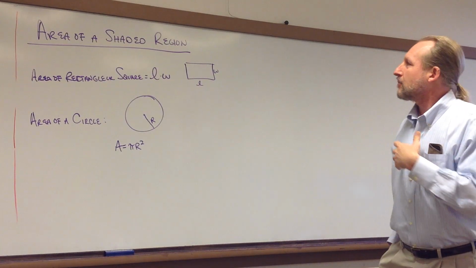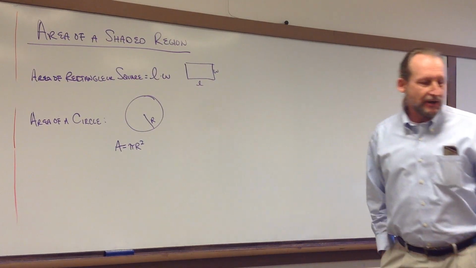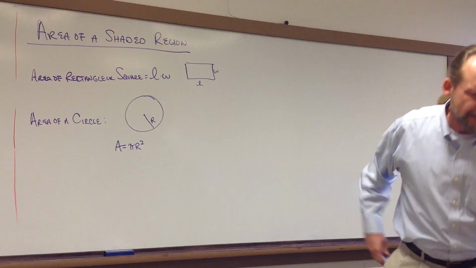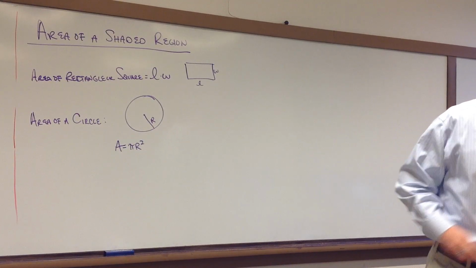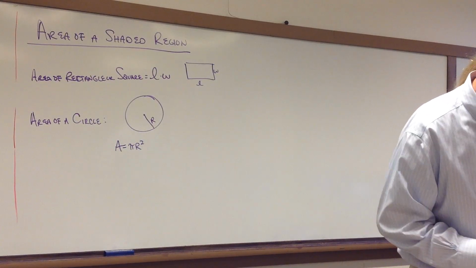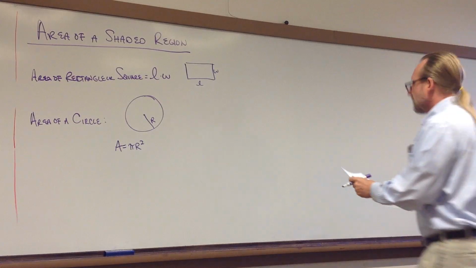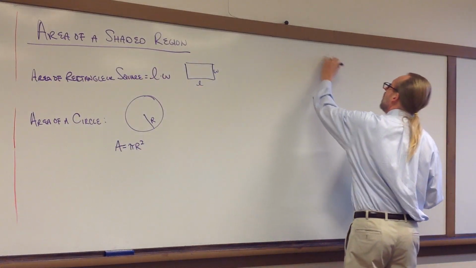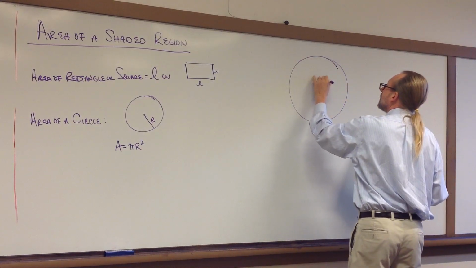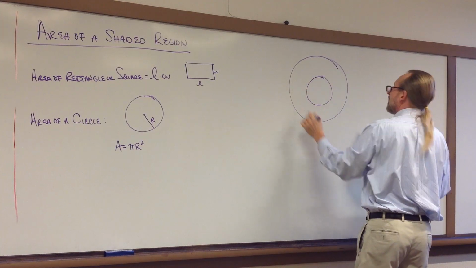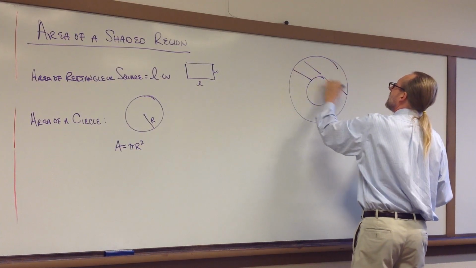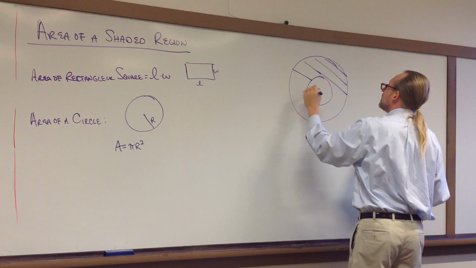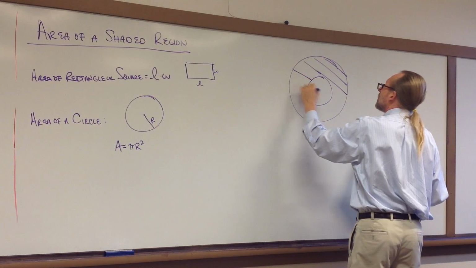So when we're talking about the area of a shaded region, I've got a couple of examples here on the assignment. The first example is one circle inside of another, and the shaded region is out here.